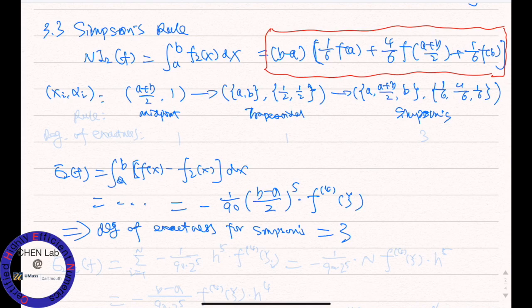So the error will be 0 for a cubic polynomial. So if we include that above, maybe remove this below, here is a rule. Here is the degree of exactness. That's 1, that's 1, that's 3.